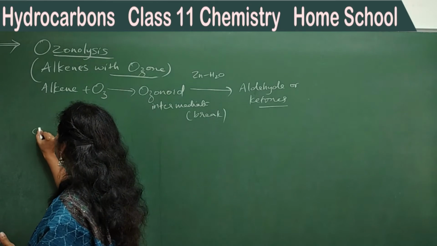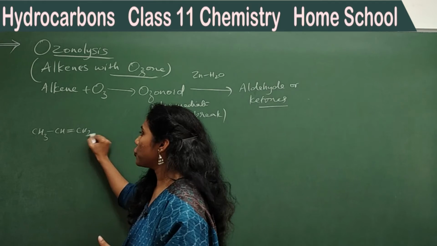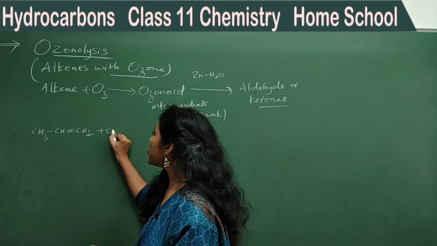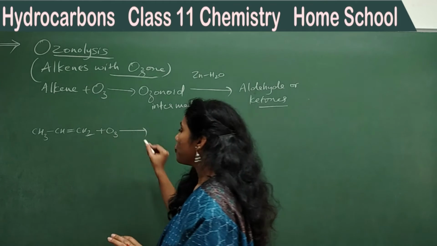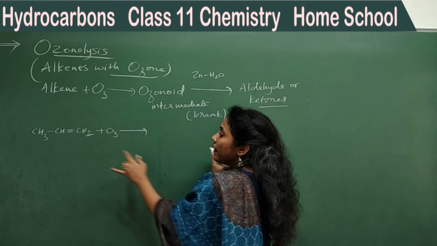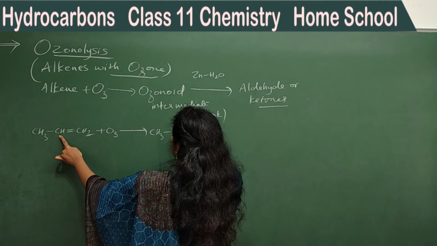Let me take an alkene as CH3-CH=CH2. This is propene. I am initially treating with ozone, so you have to write the ozonoid intermediate, right? This CH3 will remain as it is. This is CH.